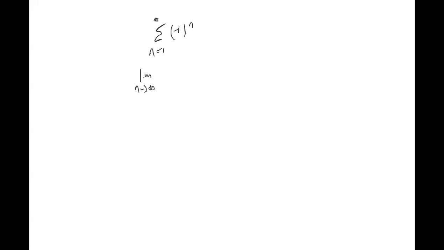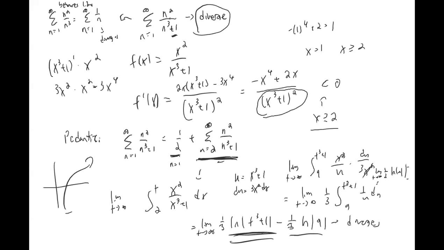I didn't use it on the previous one because the test for divergence doesn't work when the terms go to 0. But here you check: this limit does not exist, right? This sequence keeps alternating. There's no way it can converge to something if you just keep alternating between two different numbers.